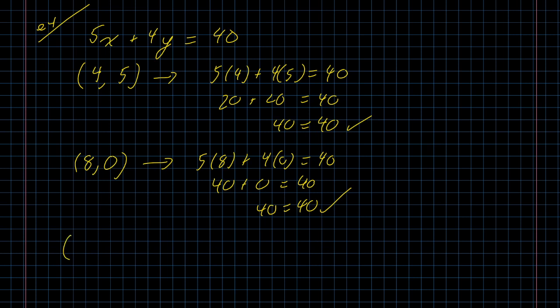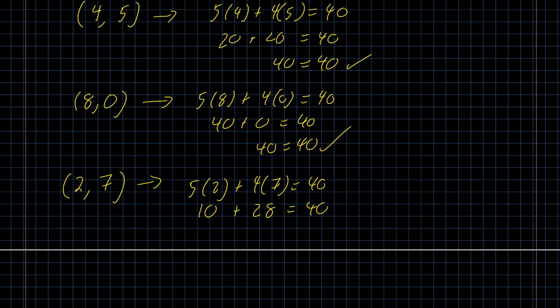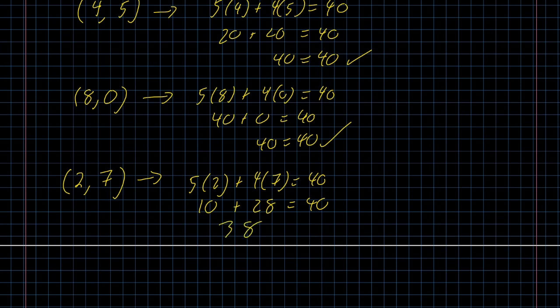If I plug in x equals 2 and y equals 7, though, I get 38 on the left-hand side, which is not the same as the 40 I have on the right-hand side. This is not a solution.